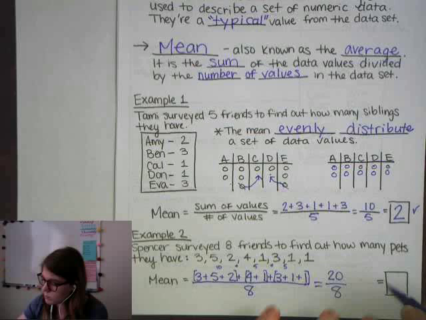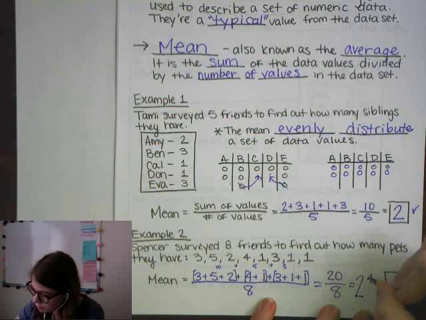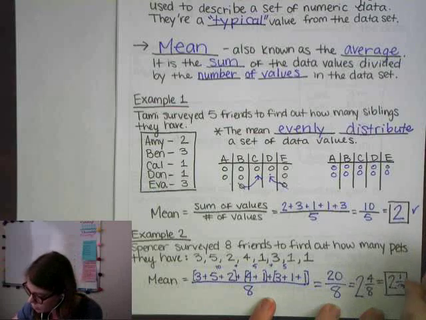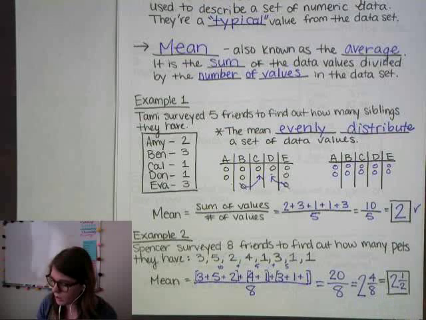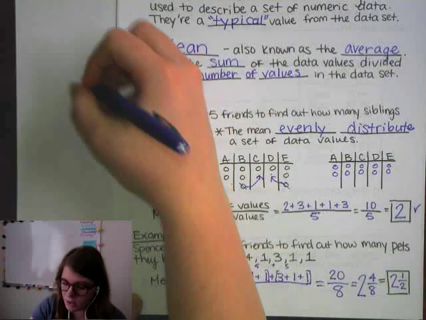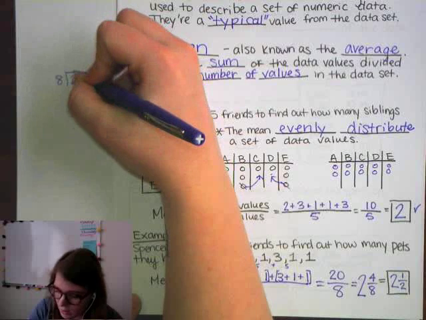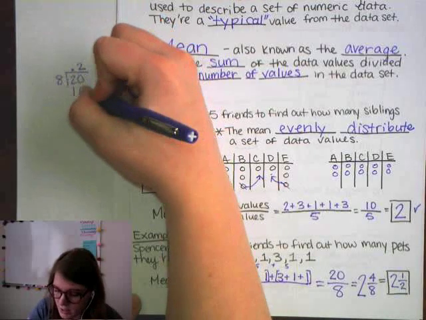I say 2.5 because we know that 20 over 8 is 2 and 4/8. Yes, which we know simplifies to be 2.5. So you can use fractions if you want. You could also do long division. I'll do that over here. 20 divided by 8. 8 does not go into 2. It goes into 20 2 times. 2 times 8 is 16.